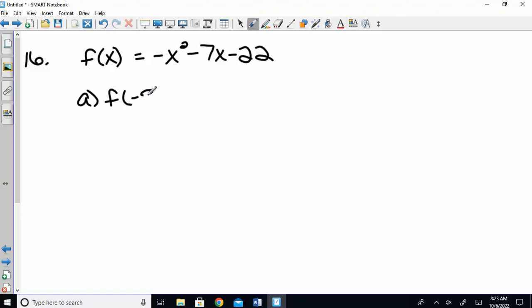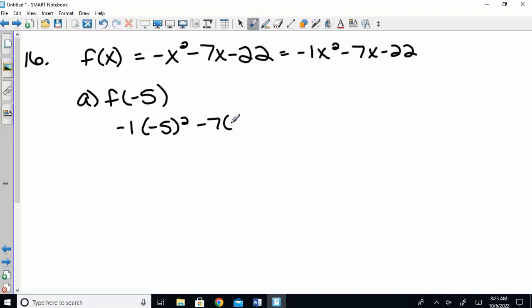All right, so part A, I said f of -5. This negative out in front, you could think of that as a -1x squared. So when I say -5, you're doing -1 times -5 squared minus 7 times -5 minus 22. -5 squared is 25, times -1 is -25, plus 35 minus 22.